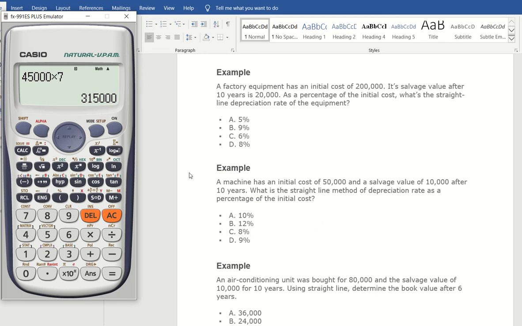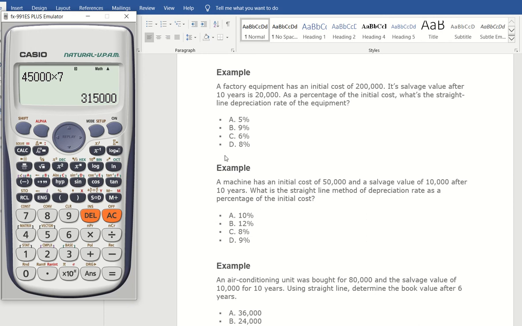Now, this is just very easy, guys. What we are going to do right now is use the formula, or you can also use the calculator. But it's just very easy. That's gonna be your total cost minus the salvage value divided by the number of years, and then the result divided by the first cost.